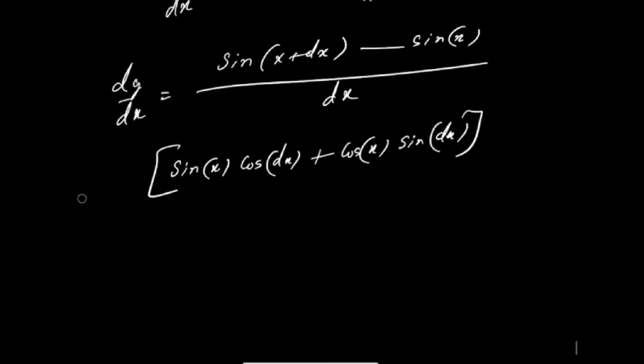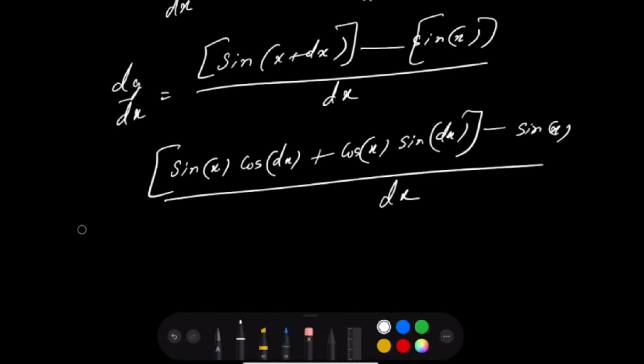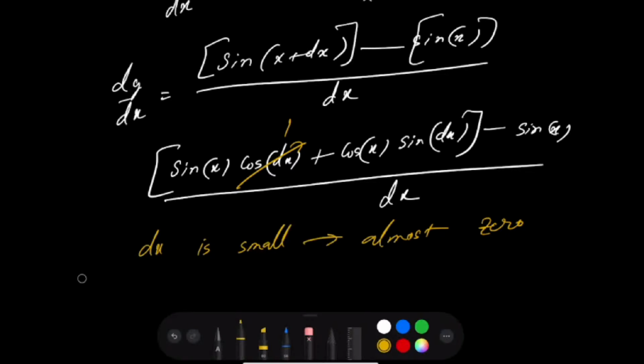So this is the expansion of this, and minus sin x, by dx. So what will you get here? See, dx is small, right? That means almost 0. What is cos 0? Cos 0 is 1. So I can write it as 1. And sin x will cancel.